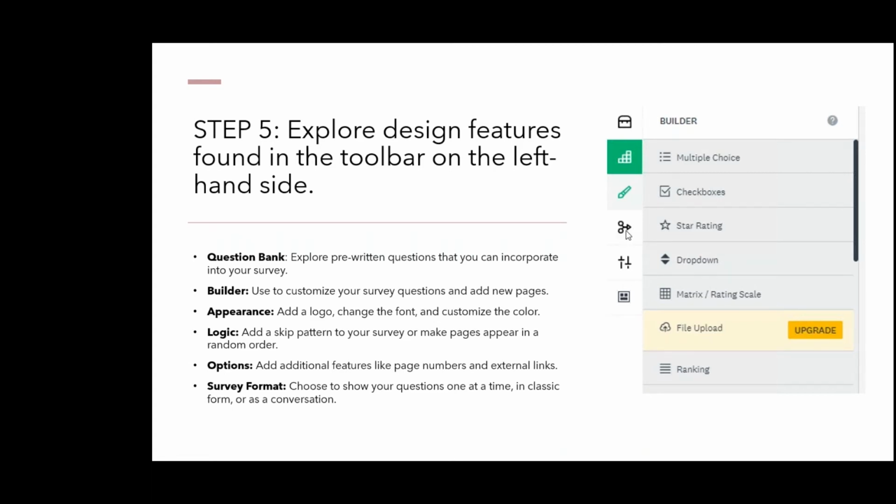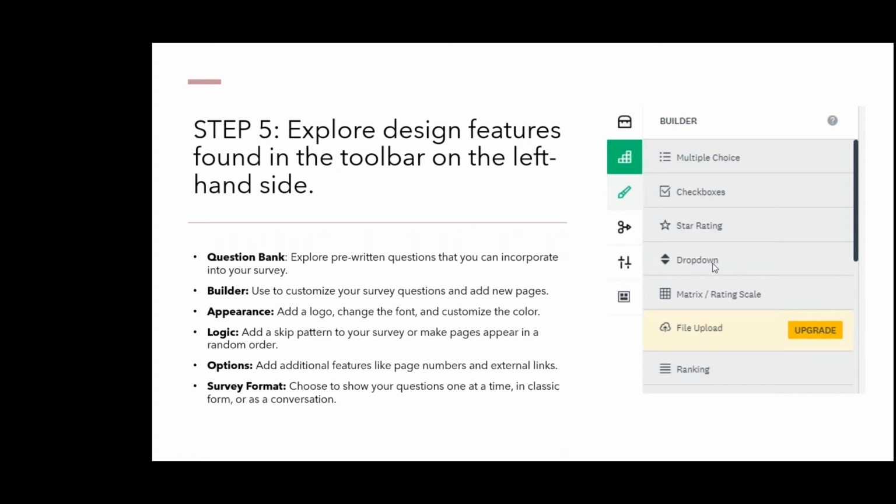Then the device that has a little arrow, it almost looks like a pair of scissors. This is for determining the logic of your survey. The logic button will give you a series of options on how to add a skip pattern to your survey. This means that if you have a question where responders are supposed to answer yes or no, if they answer yes, you may want them to go to a different question than if they answer no. So if they answer no, I've never done this before, then you don't need to ask them follow-up questions about that activity.